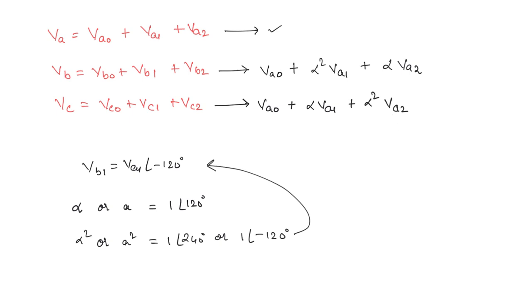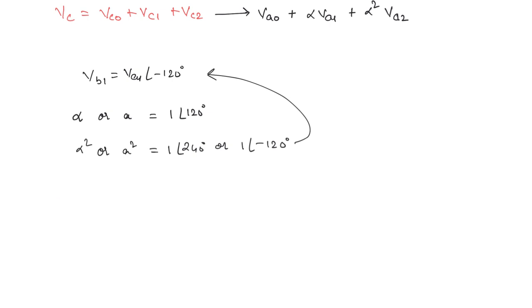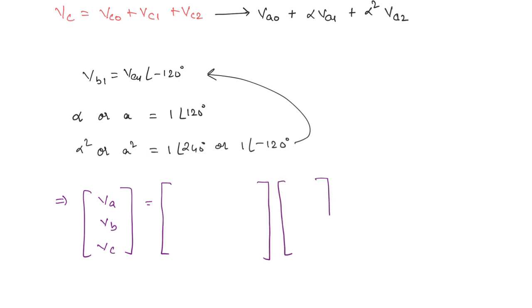Okay. So now we will take this in matrix form. On one side we are going to have VA, VB and VC, right? These are the actual voltages that we are concerned with. Okay. Now here we will see later what this matrix is. Here what we are going to get, VA0, VA1, VA2. Okay. Now you can write what is VA in terms of VA0, VA1, VA2.